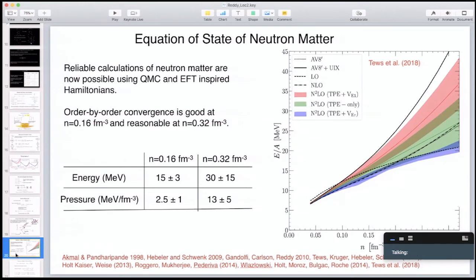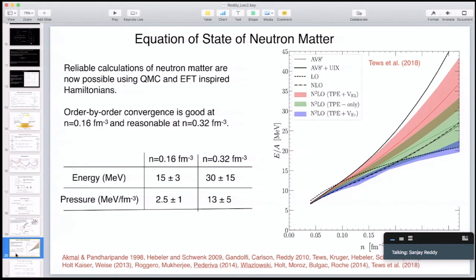This is really interesting because all of these different methods are converging to the same point. So right now the situation is not that we don't know how to solve the many-body problem. It looks like the different approaches are giving the same answer.